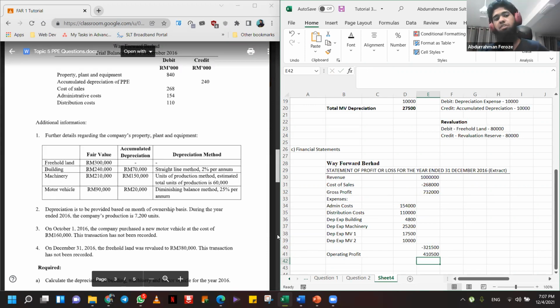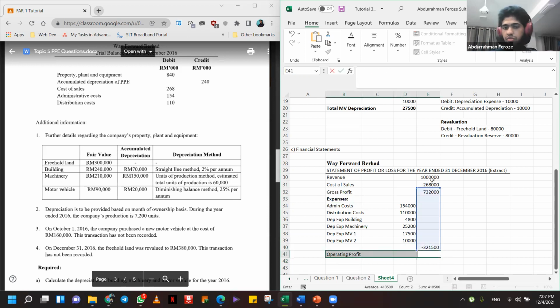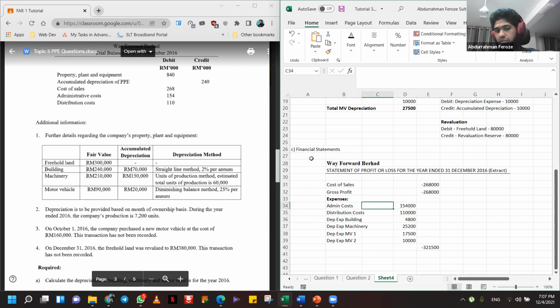But they have not given us revenue, they've just given us these expenses. So we can't really put any of this stuff here. We can only put what we've been given, right? The part that they want to see is where the depreciation would be listed.